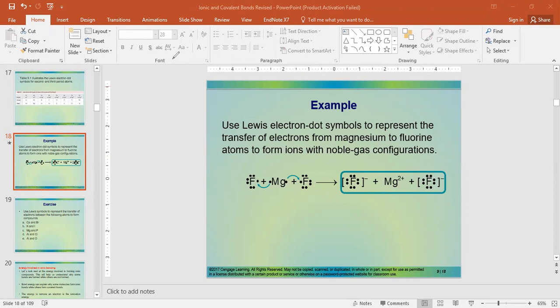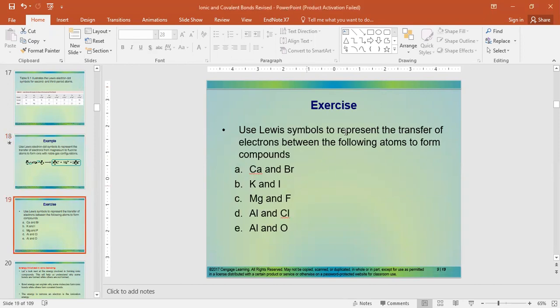So we go on, and I have explained how you can look at this from the formula for the chemical compounds. Then you can simply write the Lewis dot symbols, and from the Lewis dot symbols we'll see how many electrons we need to transfer and how many electrons we need to accept. Yes, Hamed, you have raised your hand again.